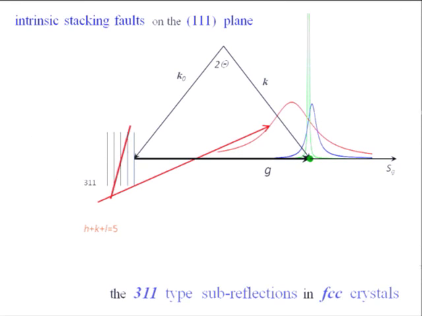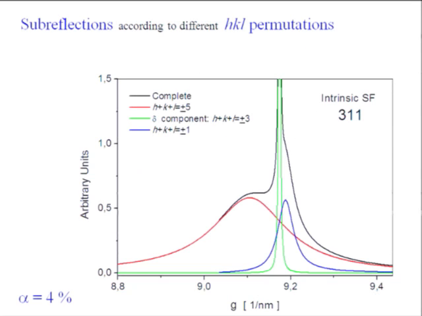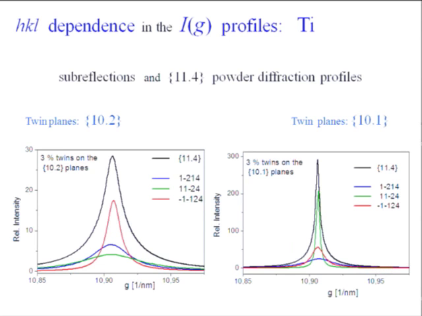And the beauty of this effect is that if you take a higher harmonic of the same reflection, let's say if you could measure the 622, then the shifts would be reversed in the other direction. This is the result. The black curve is what you expect to be measured, and the blue, green, and red are the subreflection profiles. Now let's come back to hexagonals.